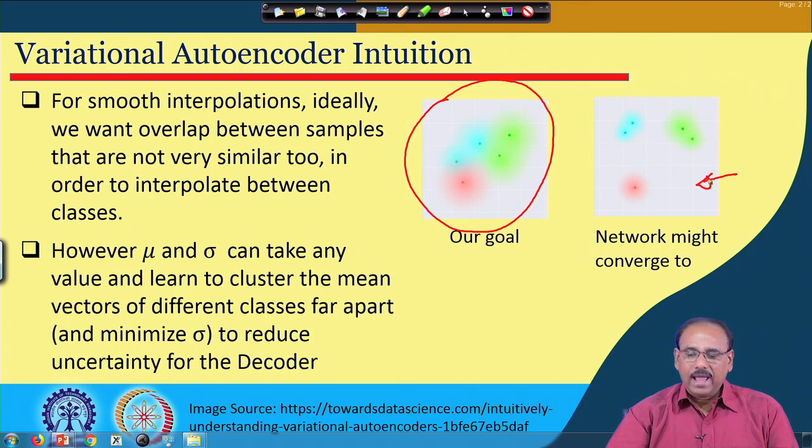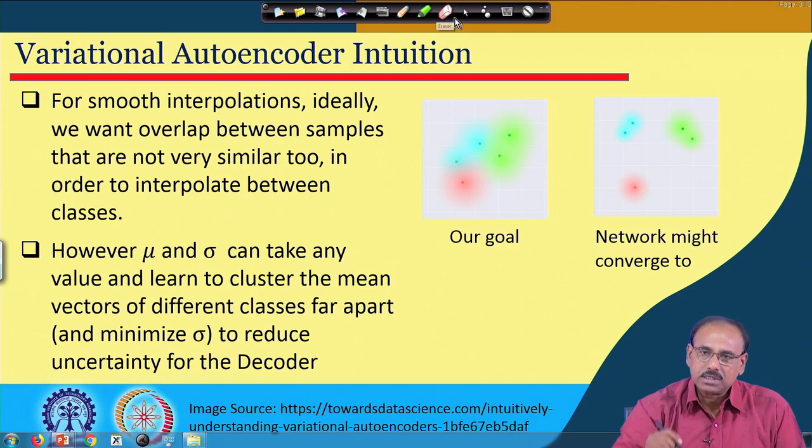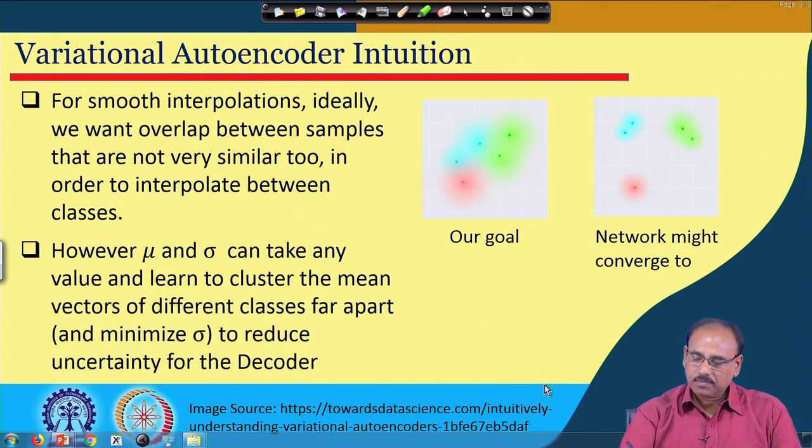So, in order to do that, you impose a prior distribution. We say that each of the distributions of individual categories should be as close as possible to a prior distribution, and this prior distribution is usually taken as a zero mean Gaussian with unit variance.